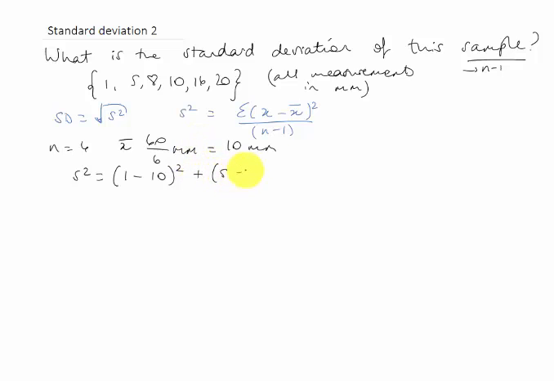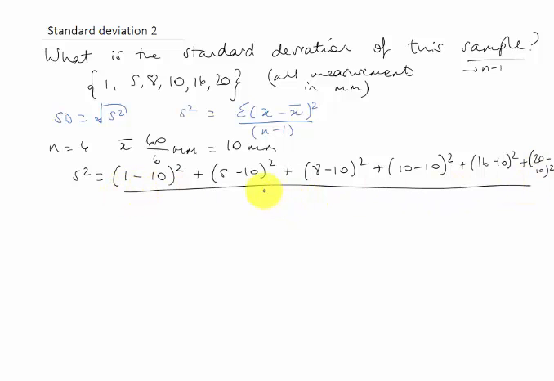So 5 minus 10 squared plus 8 minus 10 squared plus 10 minus 10 squared plus 16 minus 10 squared plus 20 minus 10 squared. Sorry for squashing that up at the end. And all that is divided by 6 minus 1, because n is 6. Okay, so just let's carry on.